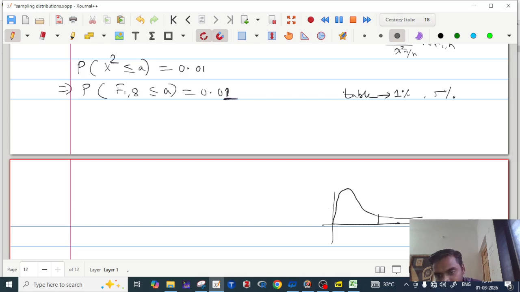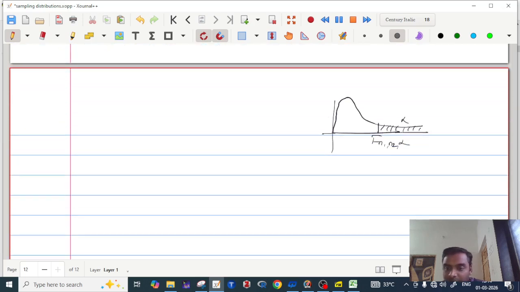Suppose this point is F(n1,n2,alpha) and this probability is alpha. How is this point defined? Probability of F(n1,n2) greater than F(n1,n2,alpha) equals alpha.